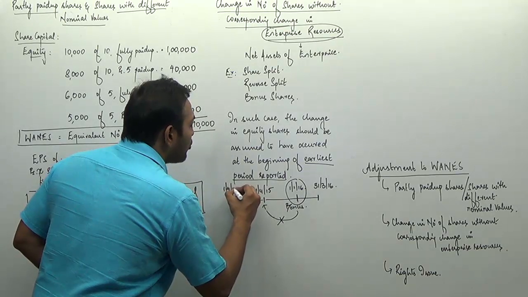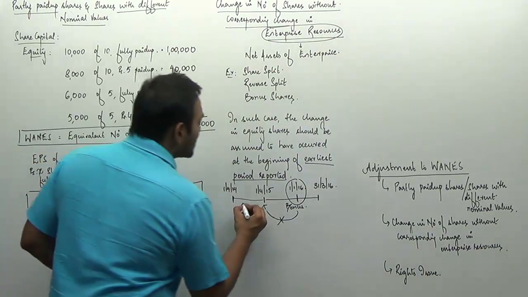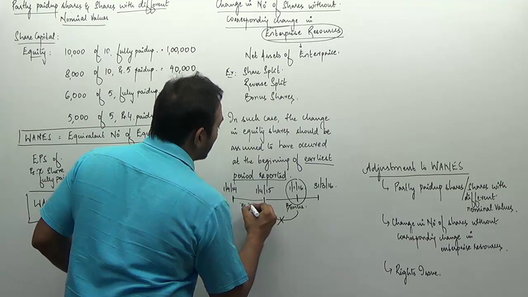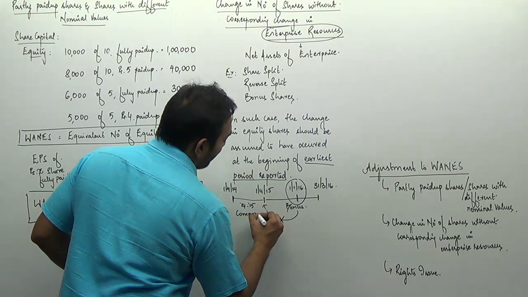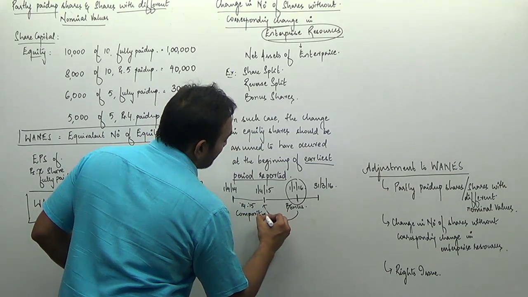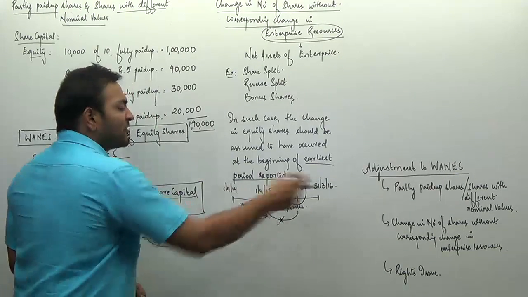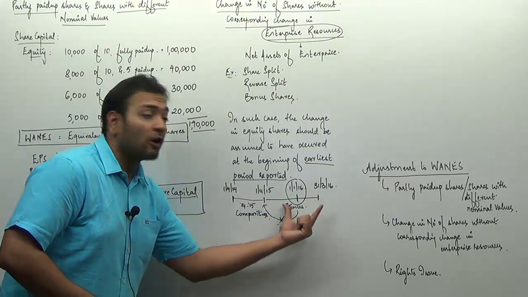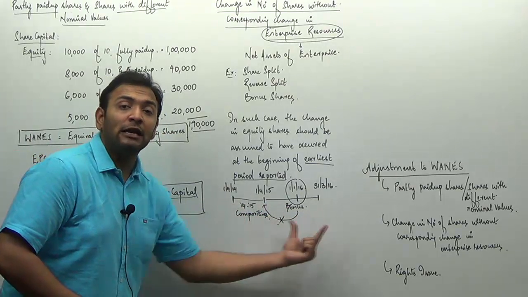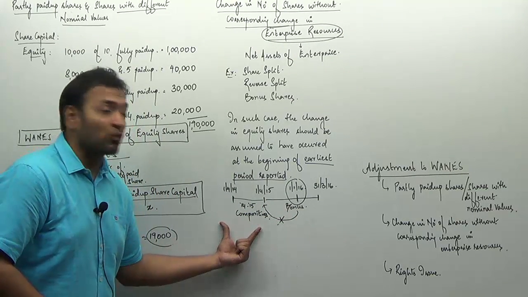So 1/4/2014 should also be there; I'll also give 14-15 comparatives. So what is the earliest period reported? Is it 15-16 or 14-15? The earliest period is 14-15, not 15-16. Even 14-15 is reported along with 15-16.